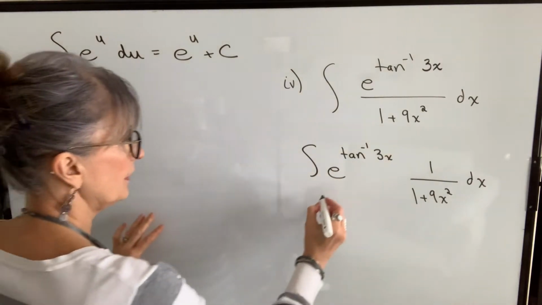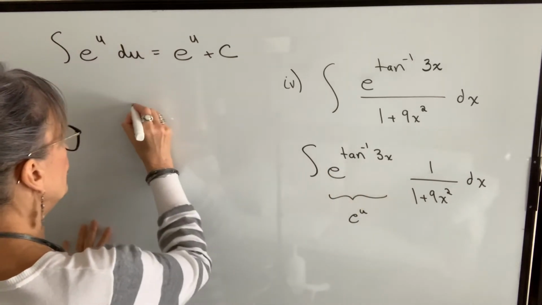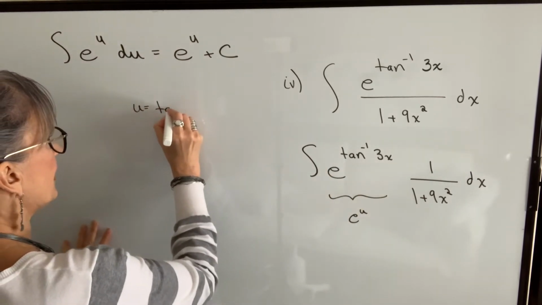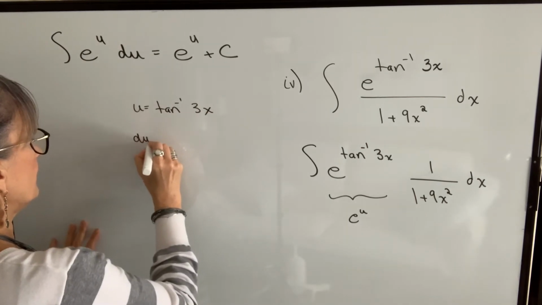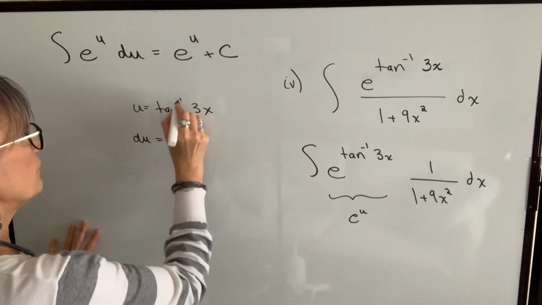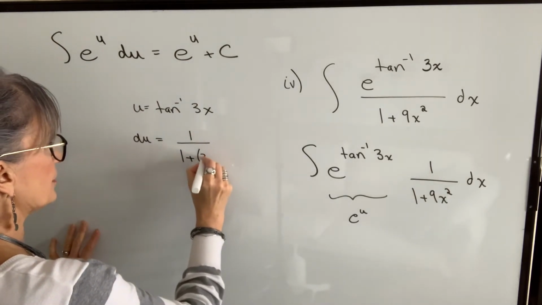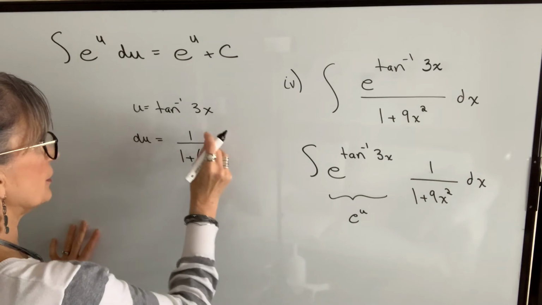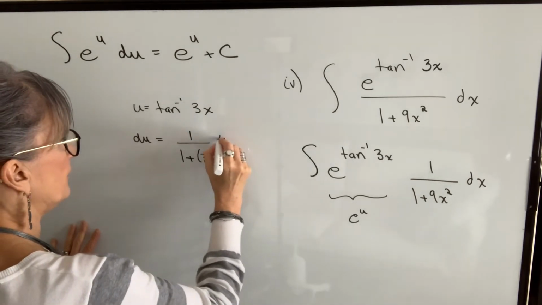So we're identifying our e to the u. Therefore, u is inverse tan of 3x. The derivative of inverse tan of a function is 1 over 1 plus that function squared. And then the chain rule tells us we have to also multiply by the derivative of the function, which is 3.